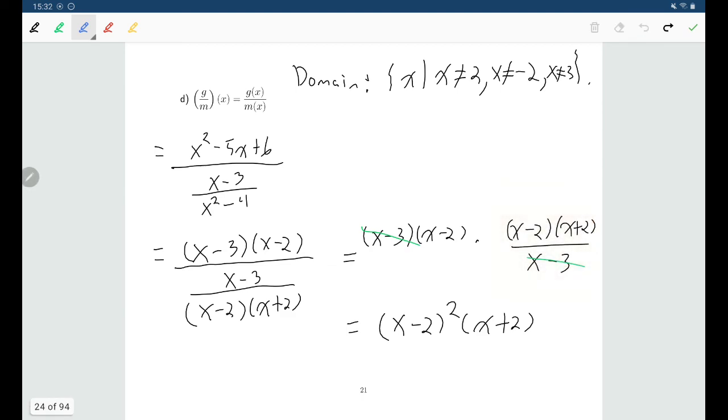So even though the x minus 3 is canceled, you still have to restrict x being 3, because at some stage in the proceedings here, if you put in a 3 for x, for example, even at this line, you would have a fraction where the denominator is 0, because you'd have 0 over something in your denominator, which means the denominator would be just 0 itself. So for this function, g divided by m simplifies to give me x minus 2 squared times x plus 2, and my domain is all of the x's except for 2, -2, and +3.